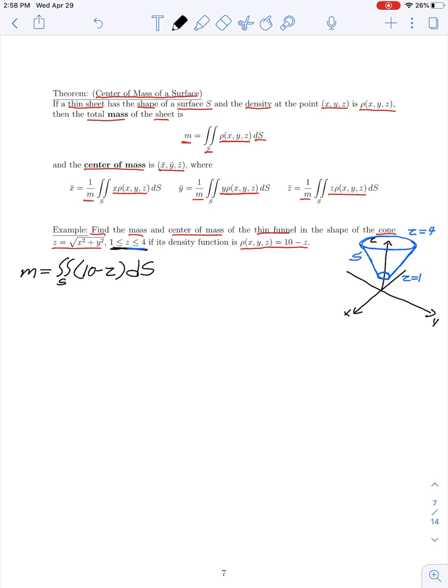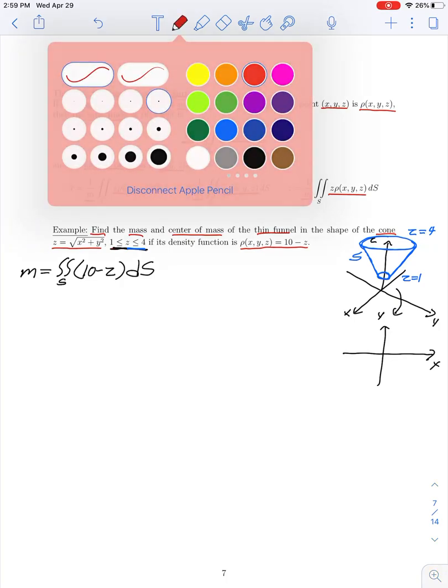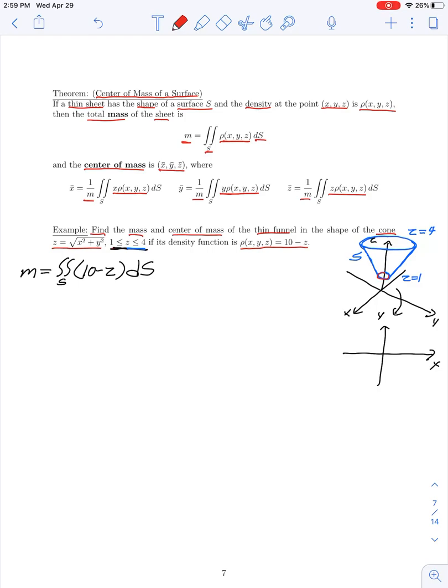Now, in order to evaluate this, we need to convert this to a double integral over some plane region D, which would be the projection of our surface onto the xy plane. So thinking about taking the projection of our surface onto the xy plane, let's see what we have. So here, if I were to project the lower part of my funnel down onto the xy plane, we would have a circle centered at the origin of radius 1.